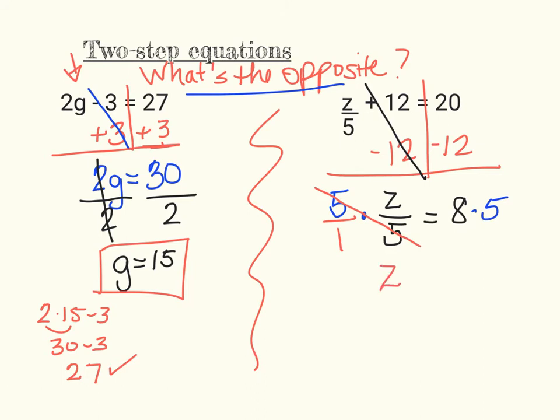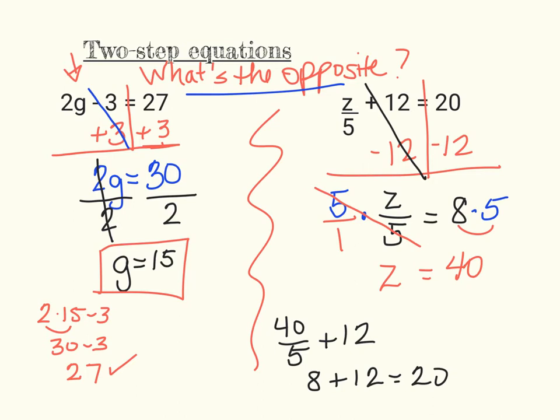I'm left with z on this side equals 8 times 5 is 40. If I wanted to check it, I would do 40 divided by 5 plus 12. 40 divided by 5 I know is 8 plus 12 equals 20, which is what it says up top. Means I'm correct. My answer is z equals 40.